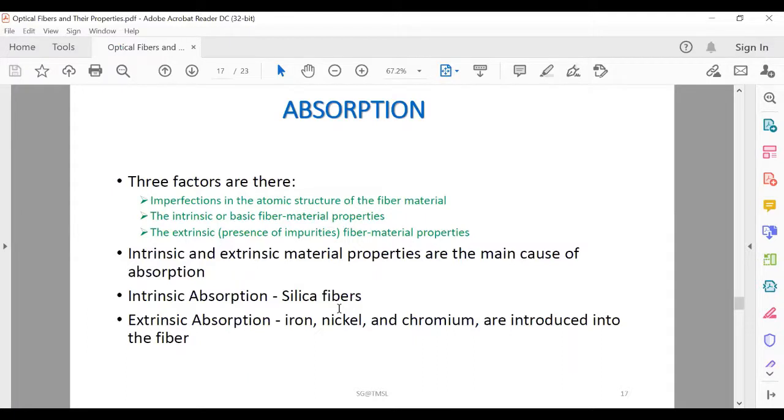And extrinsic absorption is caused by the impurities introduced into the fiber material.